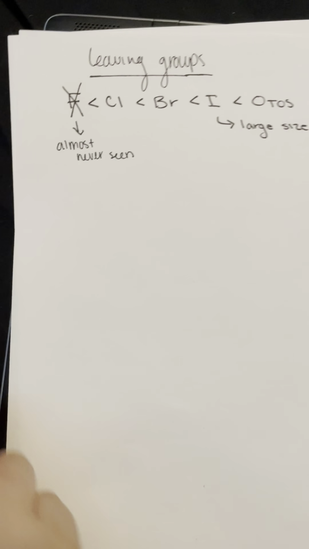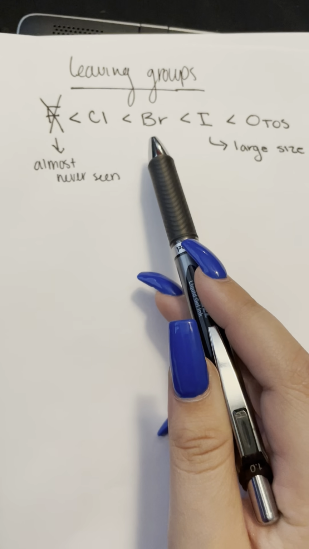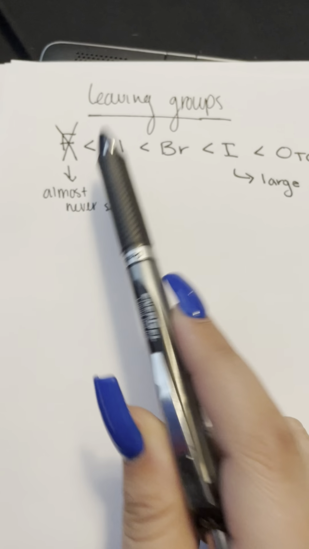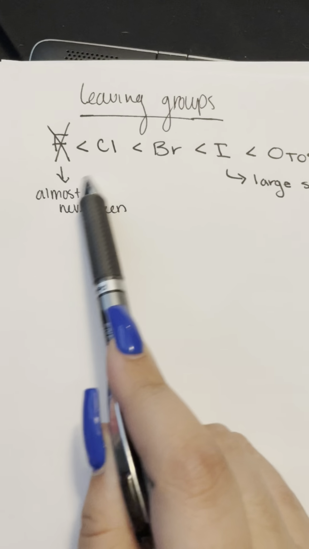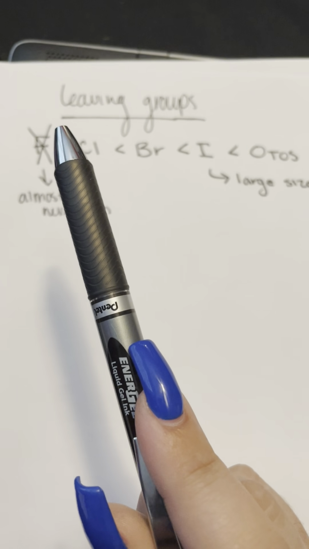Now let's discuss leaving groups. A poor versus a good leaving group. In the mechanism, in either an Sn2 or an Sn1, fluoride will almost never be seen, and if it is, it won't work.